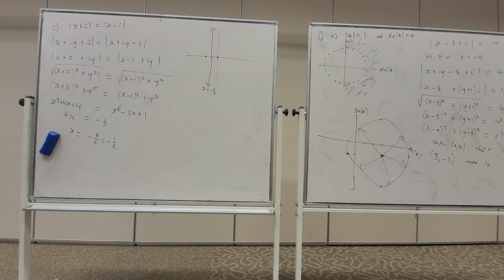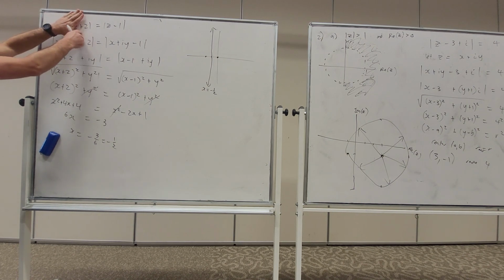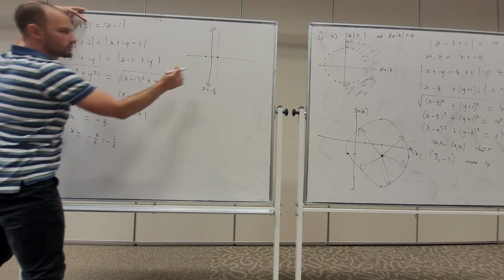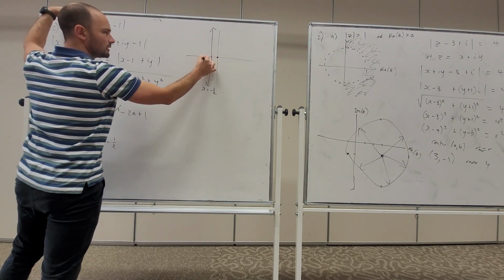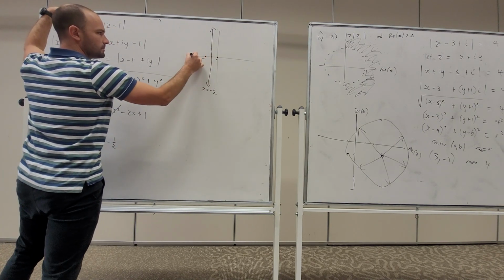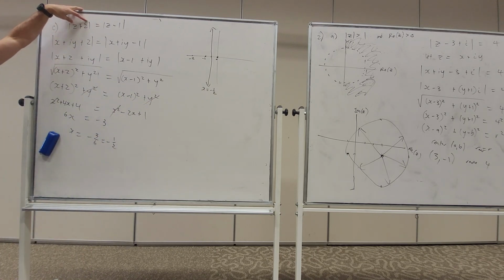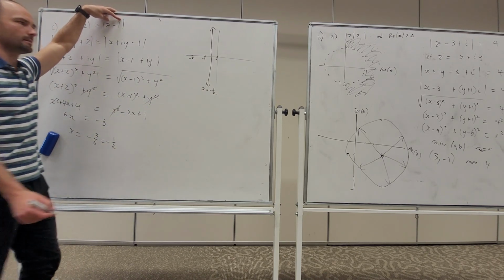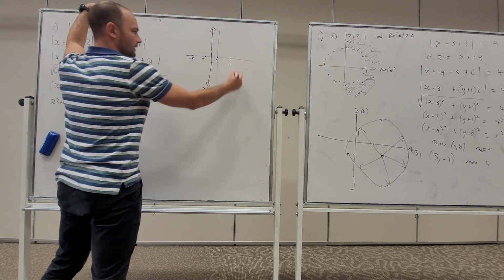Now, let's think about what does it mean. It's saying that the modulus of the complex number drawn from minus 2, so here's minus 1, here's minus 2, is equal to the modulus of the complex number drawn from 1.